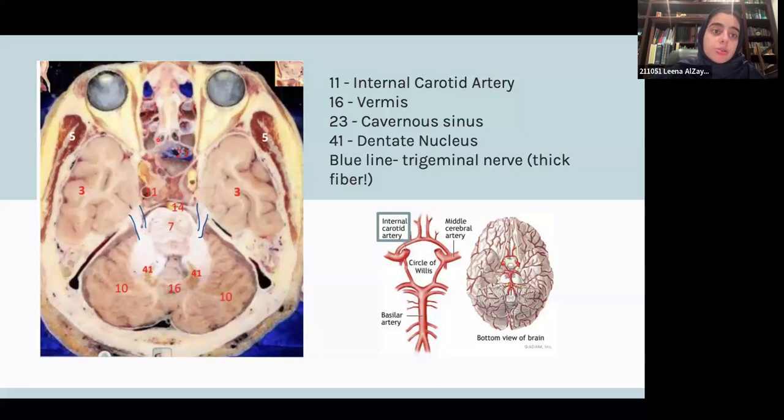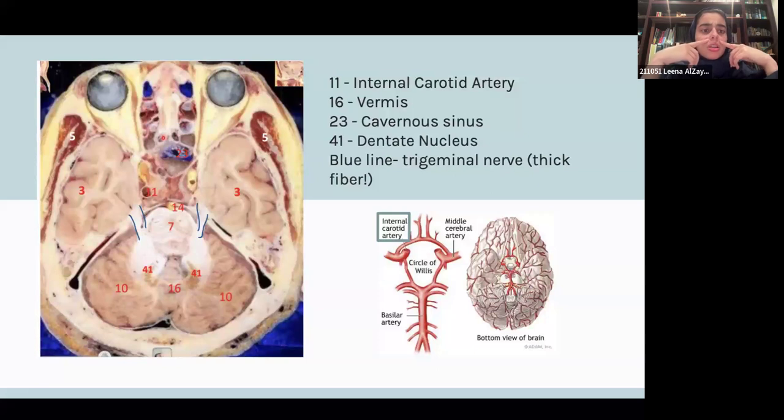The cavernous sinus is where a lot of nerves combine together. But the issue with this sinus, where a lot of veins drain into it, is that it's close to the eyes.